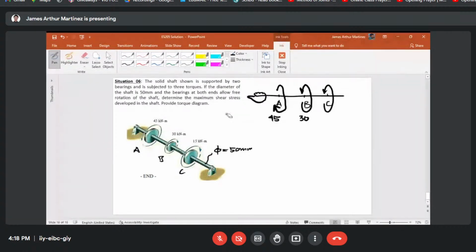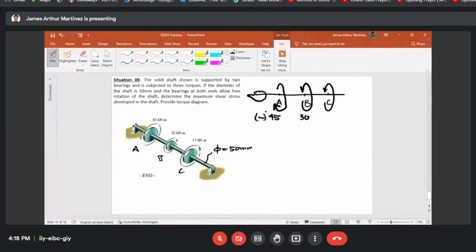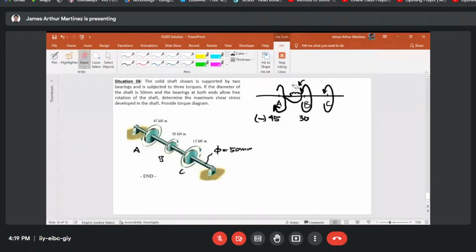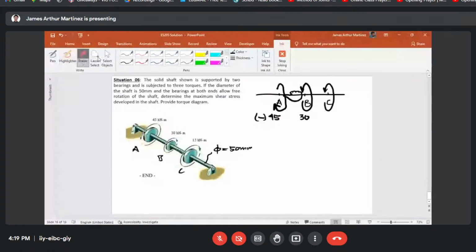Meaning, negative is the sign convention for the rotation at point A. And then at point B, if we transfer the right thumb to the left side face of point B, it coincides, right? The direction of the rotation and the curl of your right hand are facing the same way. So it coincides with the direction, meaning positive sign convention.